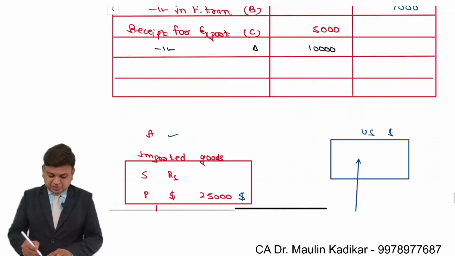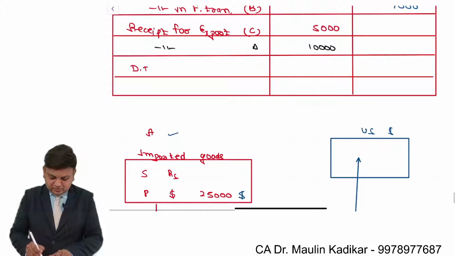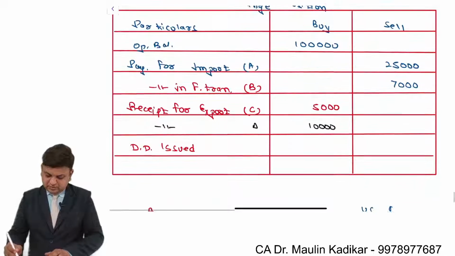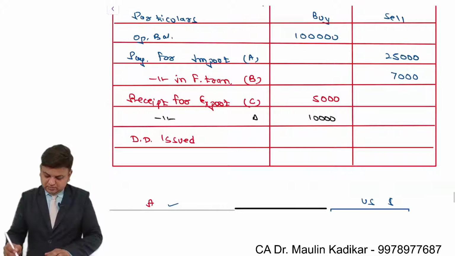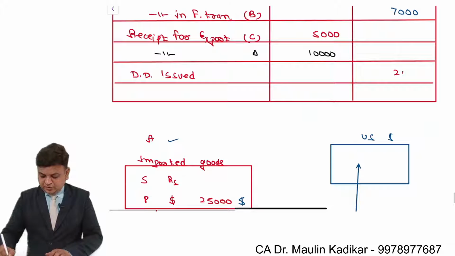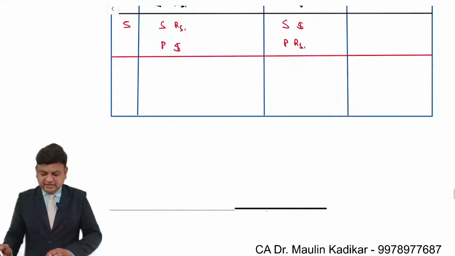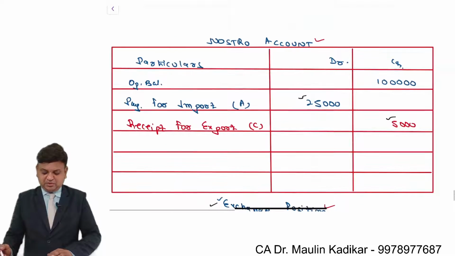So in the exchange position, we will have the DD issued, in that an amount of $2,000. That is an amount of 2,000. This is the way it will have the effect in the exchange position.